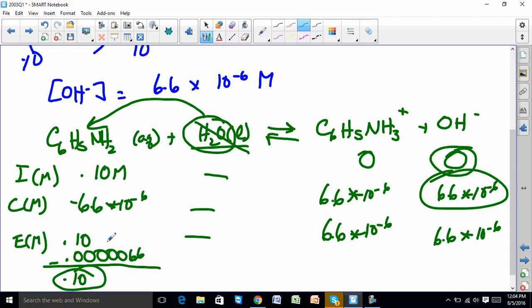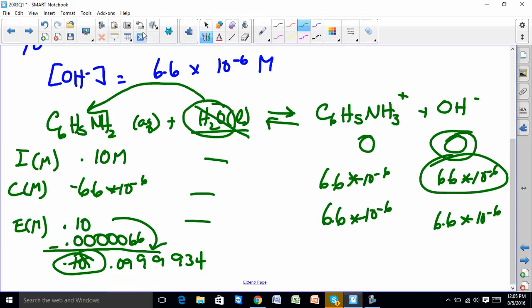Let me just go 0.10 minus 6.6 second EE negative 6, and the calculator tells you that it's actually 0.099934. And it's okay if you use 0.099934 because you're going to get the same answer either way. So maybe we'll just use this because remember, you're only supposed to do sig figs on the very last step.